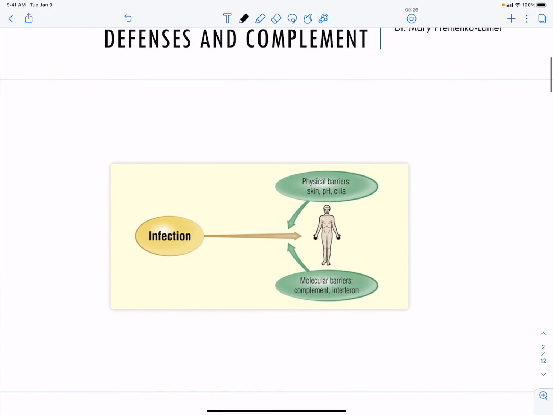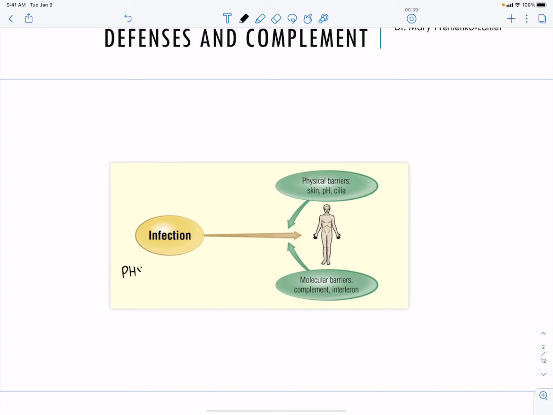So if you have an infection, it is only going to occur if some organism or pathogen breaks through physical barriers. So we have our physical barriers that are penetrated.